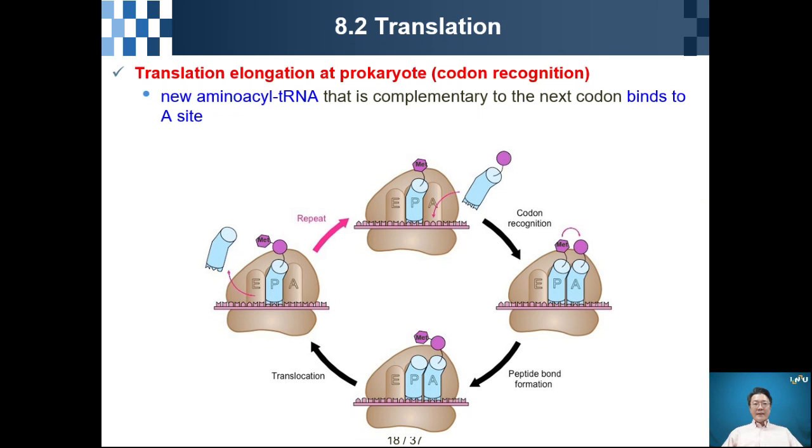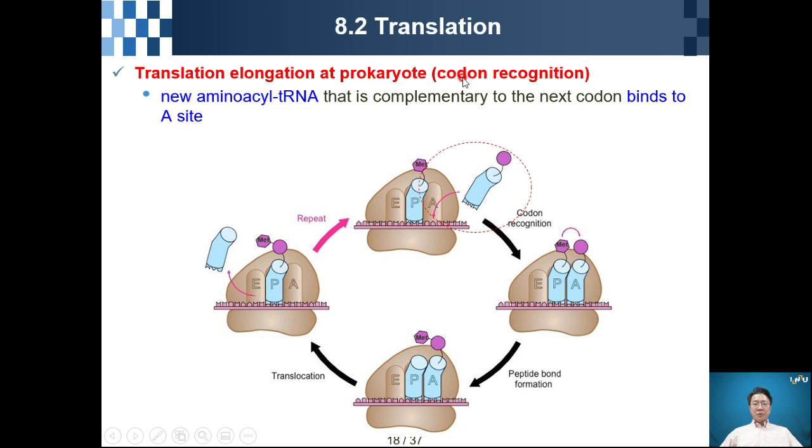In this slide, I will explain the translation elongation step in prokaryotes. We can divide the translation elongation step into three steps. The first is codon recognition, the second is peptide bond formation, and the third is translocation. The first one is codon recognition. For example, here, a new aminoacyl tRNA that is complementary to the next codon binds to the A site.